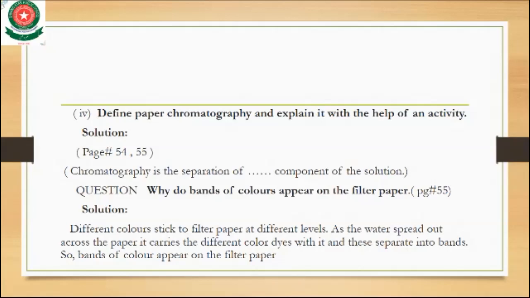Then we learn how to separate the components of a mixture by using filtration, sublimation, distillation, and paper chromatography. These are all the methods by which we can separate the components of a mixture. These 9 points we will cover in chapter number 5. If you have any problem in these 9 points, you can ask a question.